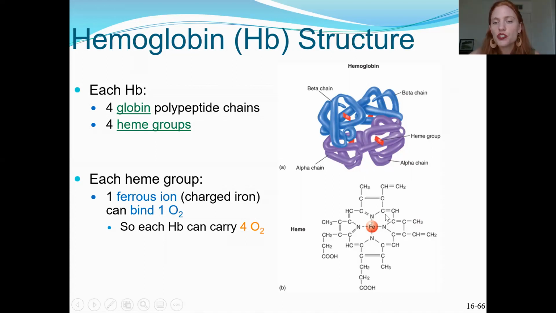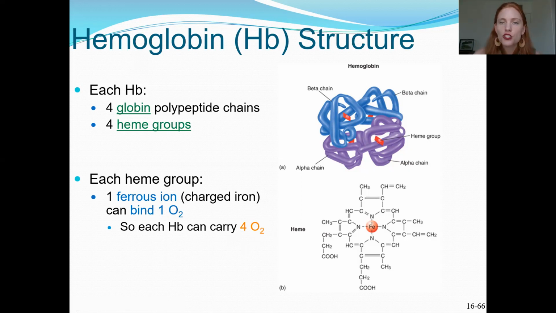Okay, so this ferrous, which is iron, it holds on to that oxygen, and that's why hemoglobin can carry oxygen. It can carry those oxygen because those oxygen can bind to and interact with the iron, which is the heme group of the hemoglobin.